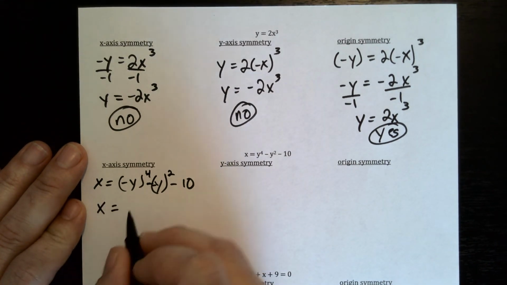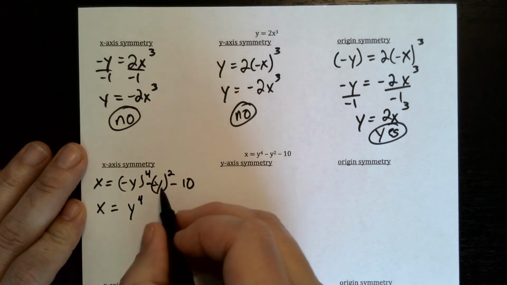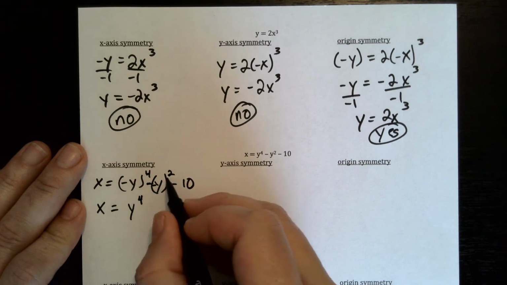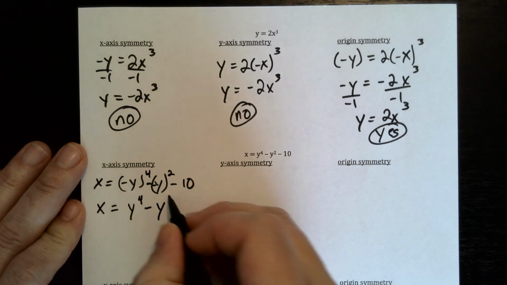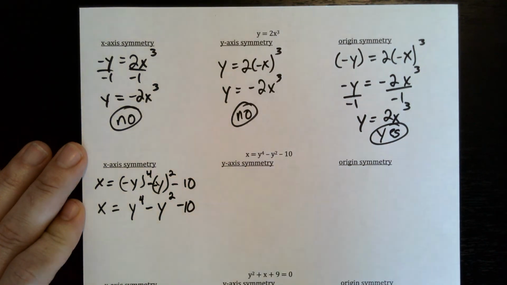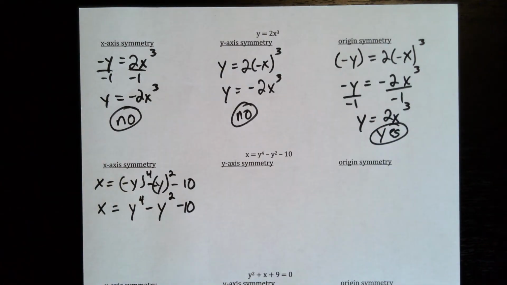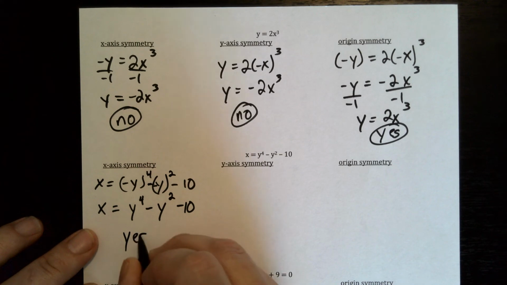So that will be positive y to the fourth. You get squared on this one, so the negative on the inside goes away because it's getting squared, but there is a negative still on the outside. And then minus 10. Okay, so do we get the same thing? Yes, we do. So this does have x-axis symmetry.